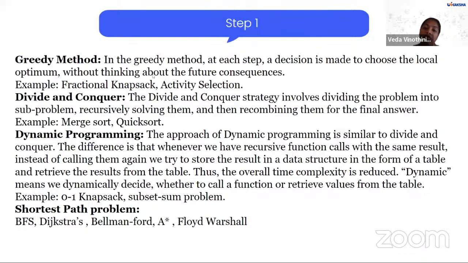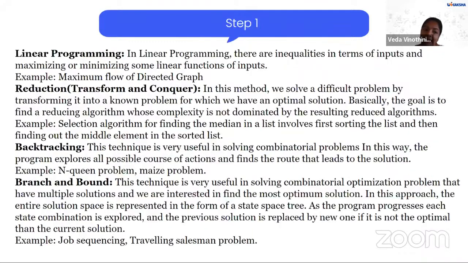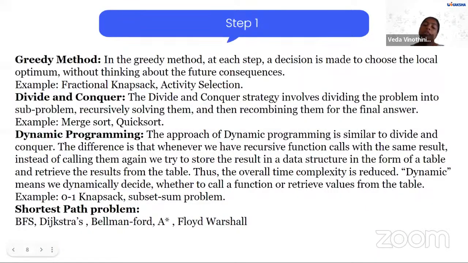There are plenty of topics you need to learn before entering into data structures or any coding concept. Okay, so these are greedy method, divide and conquer, dynamic programming, shortest path problem, linear programming, reduction, backtracking, and branch and bound. These are the few steps you need to learn before writing any program.